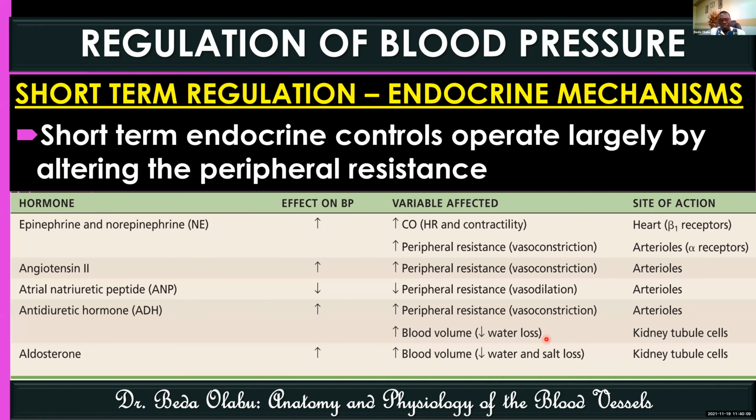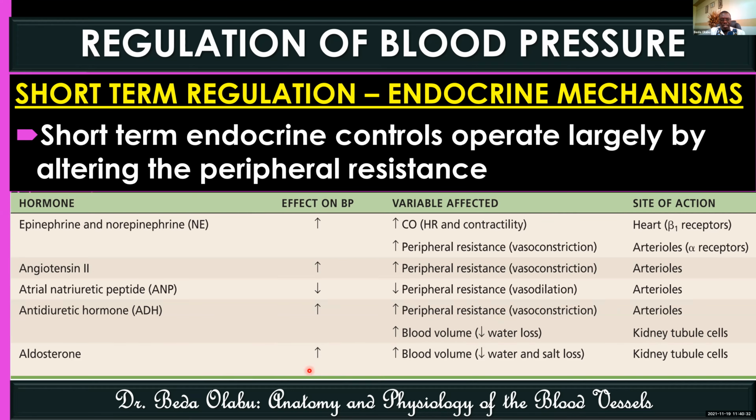Antidiuretic hormone usually has also two effects. It will increase blood volume because it reduces water loss, and that's a kidney mechanism. Again, that's a long-term mechanism more than a short-term mechanism, but a short-term mechanism would be it causing vasoconstriction and so increasing resistance.